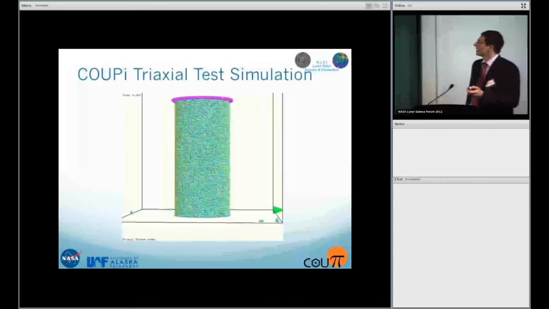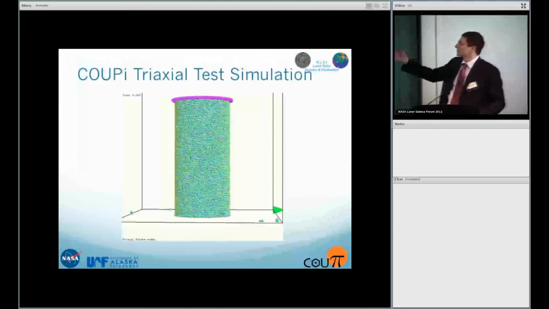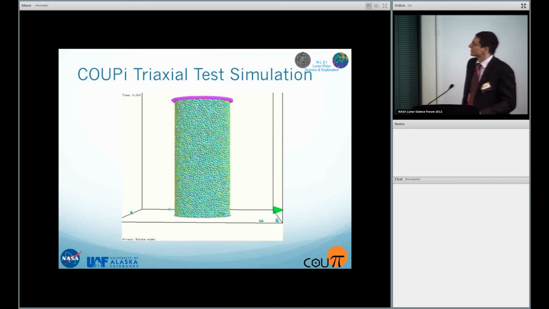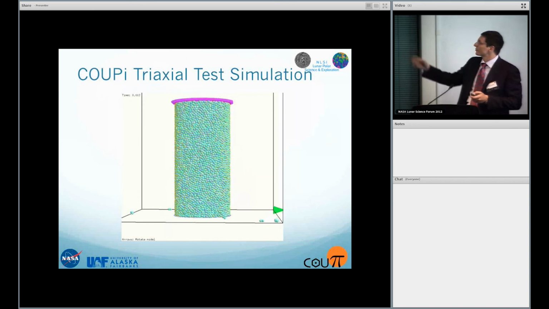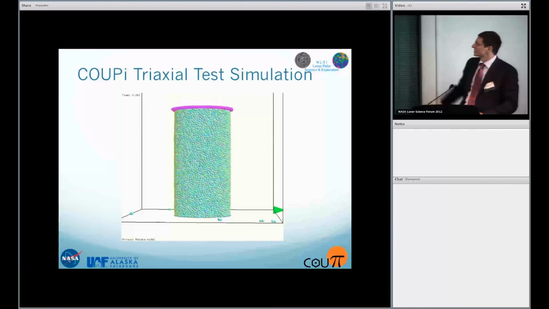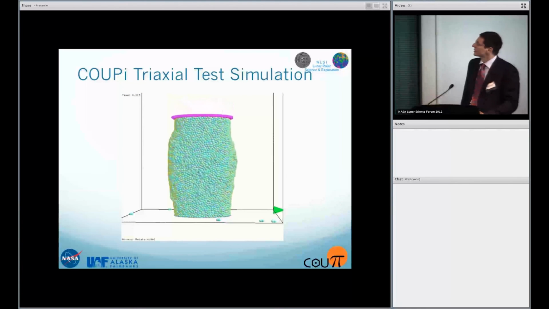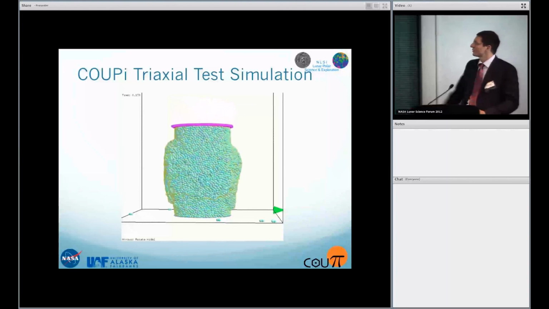Another test that we're doing to determine the properties of the particles is the Triaxial test, and we have a membrane around it that's simulated by a mass spring mesh. This is just a standard Triaxial test. You can see how it breaks here. So that's pretty much it.